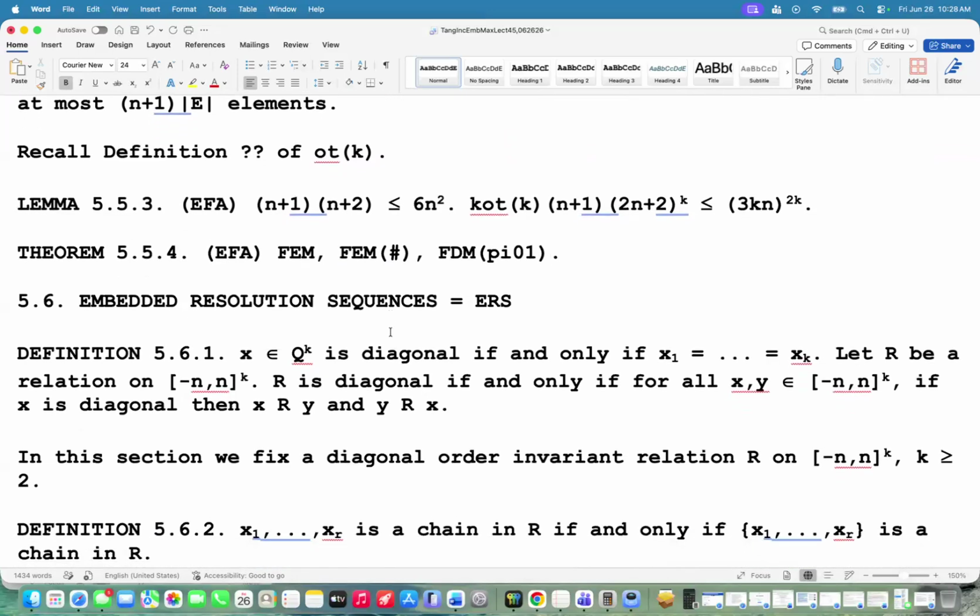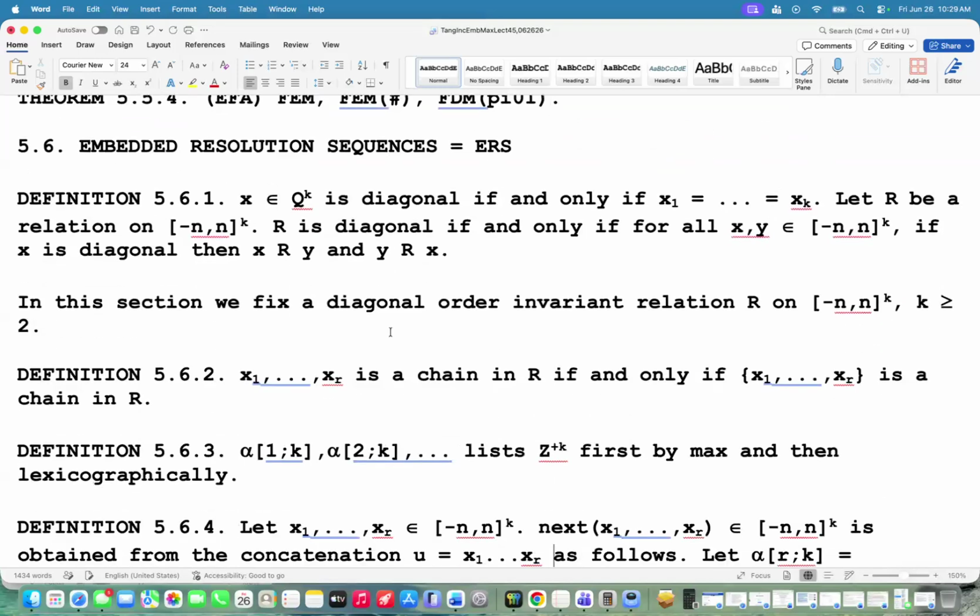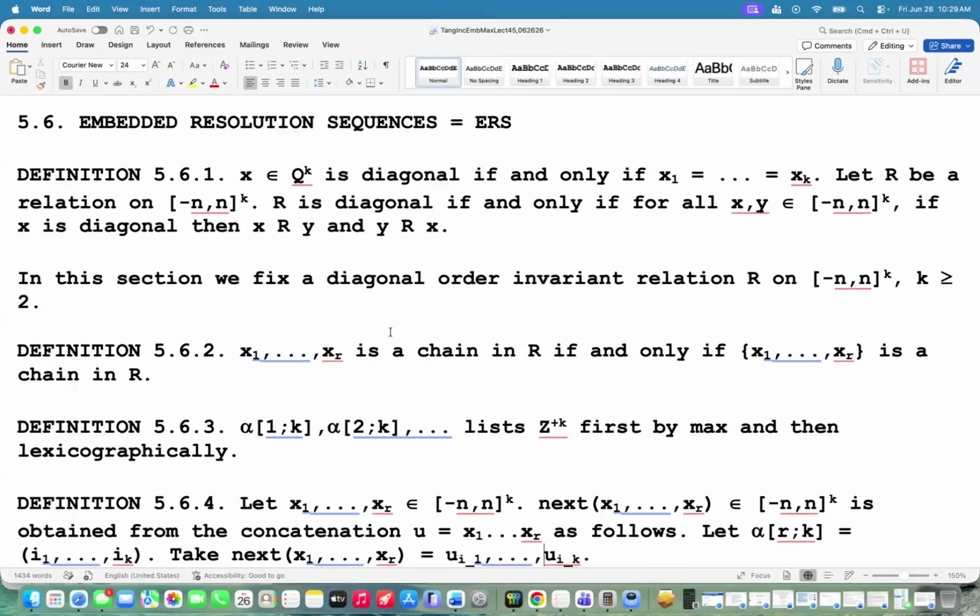All right. Now, the missing link here is to show that FEM is strong. I develop an intermediate finite concept, a finite statement called ERS, or embedded resolution sequences. And there are some technical issues that come up, so I want to restrict the relation I am working on to be what's called a diagonal relation.